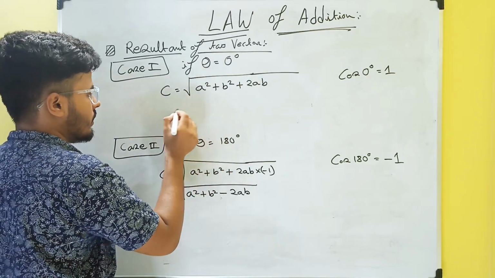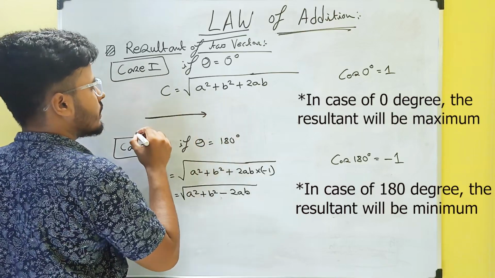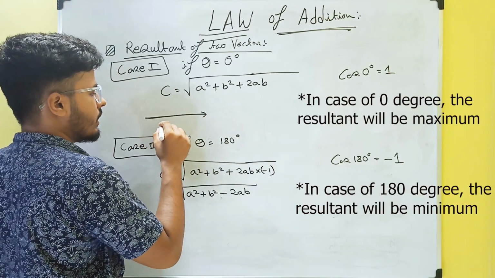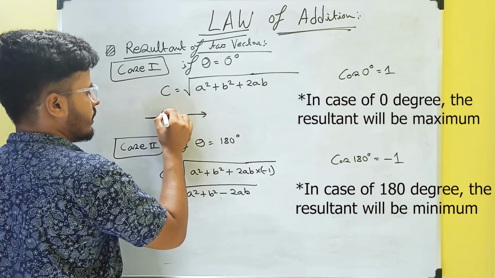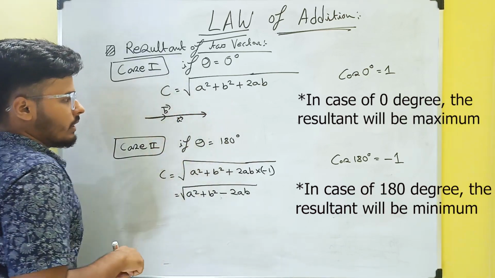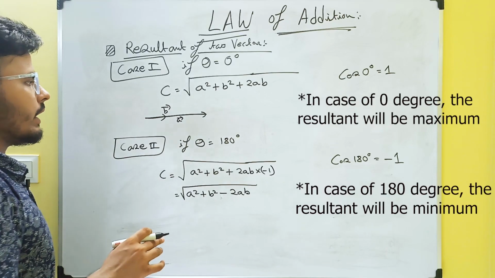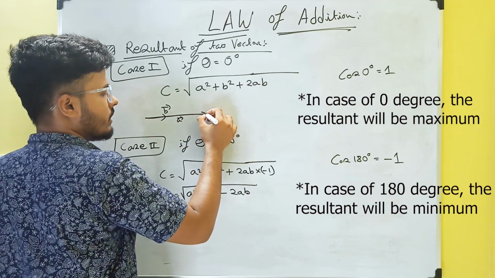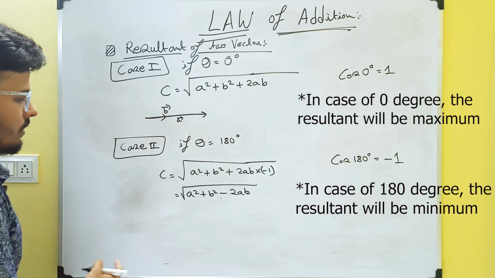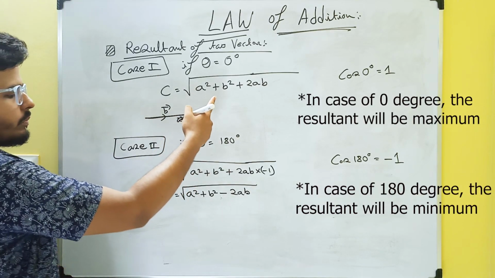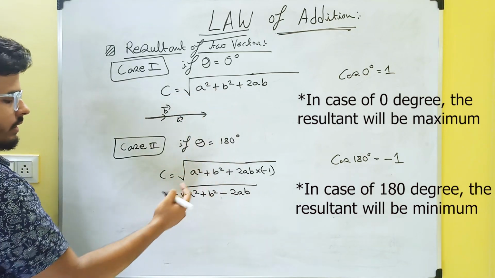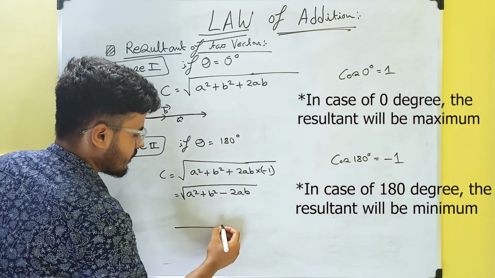When theta is 0 degree, what does it mean? This means both of the vectors are in the same direction, like A vector is in one direction, B vector is also in the same direction. What will happen in this case? This is basically the exact opposite, right?